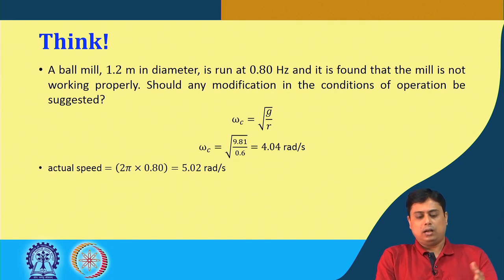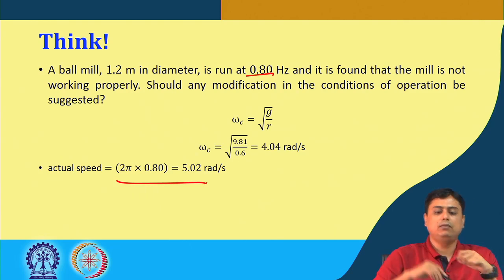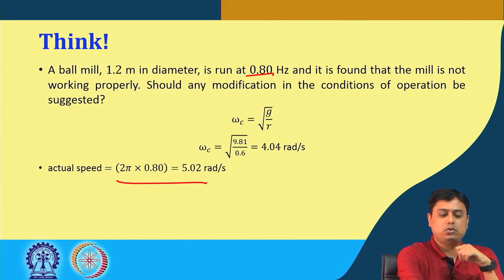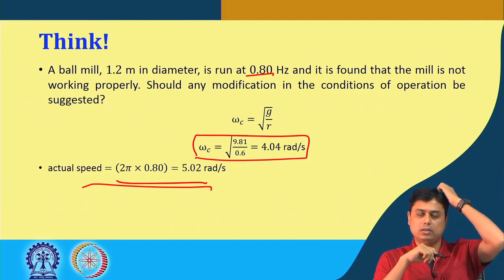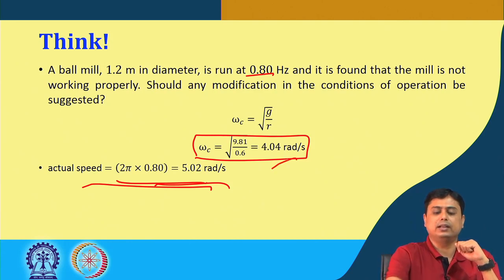Okay, this actual speed we have from 0.8 hertz. This is the actual speed, and this is the critical one. That is why it is not working properly, because the actual speed is quite higher than the critical speed.